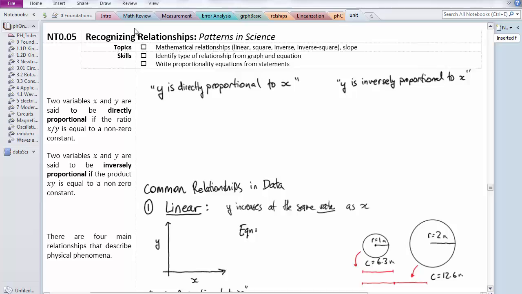The definition is, if we have some variable y over some variable x, if their ratio is equal to a constant, which we call the constant of proportionality.